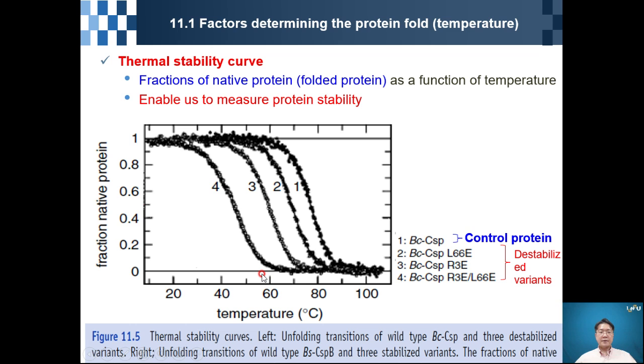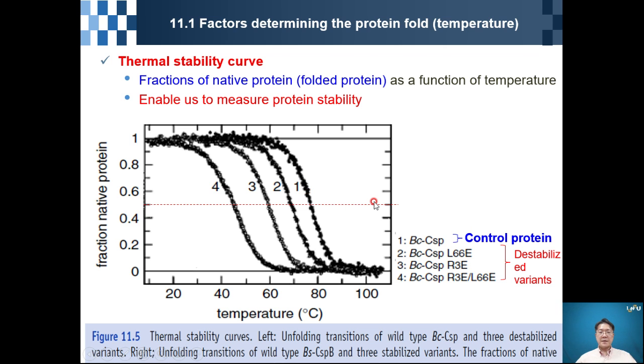When the fraction of native protein is 0.5, it means that half of them exist as folded protein, and half of them exist as unfolded or denatured structure. Let me show you number 1.